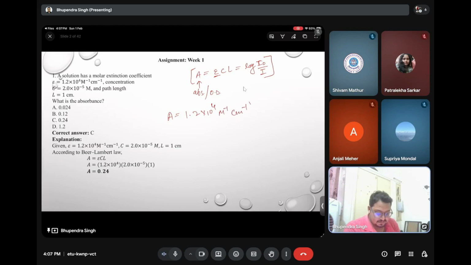Then what is the concentration? I'm solving because you have to understand, because calculation is not the problem. The path length is 1, this is in centimeter. So what will be the unit of the absorbance?